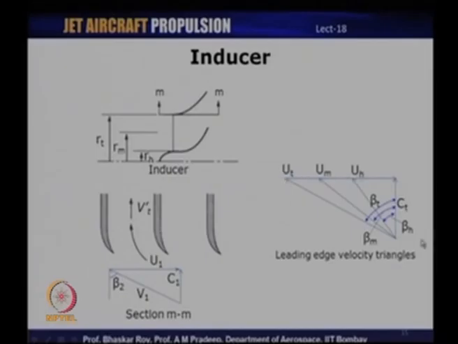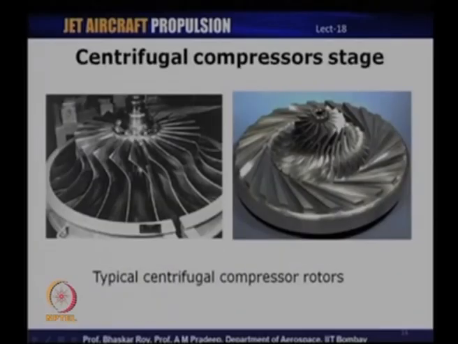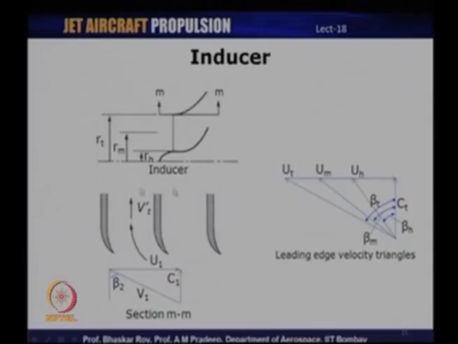So, the blade angles are different all the way from hub to tip, because the blade speed keeps changing, which means that there should be a certain small inclination. As you can see here, there would be a slight inclination to the inducer from the hub to the tip, and that is basically because we have to take into account the variation of blade speed from the hub to tip. So, the inducer is meant primarily for this purpose.